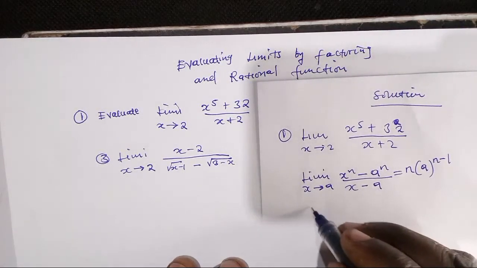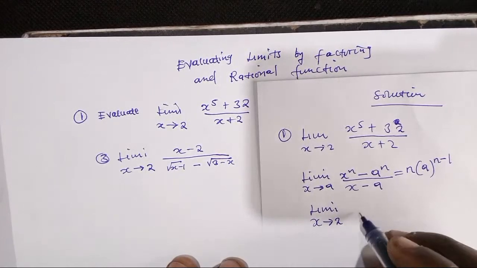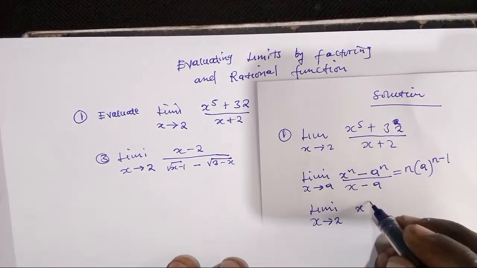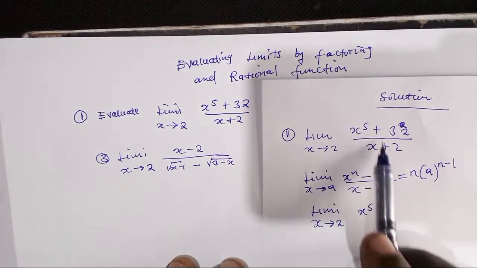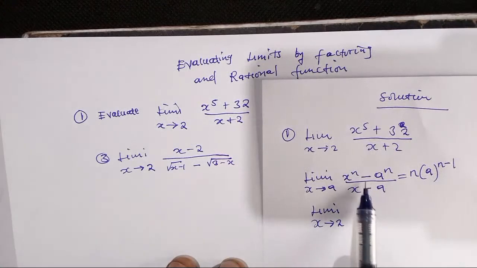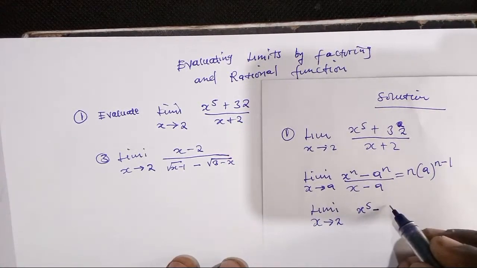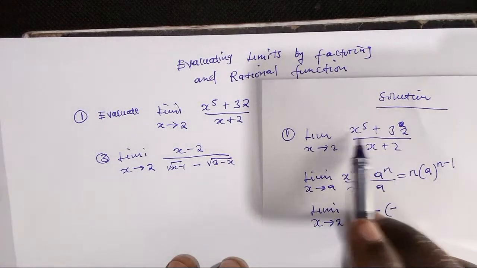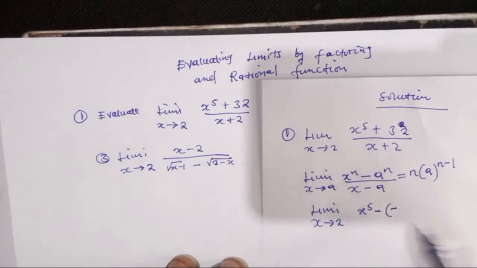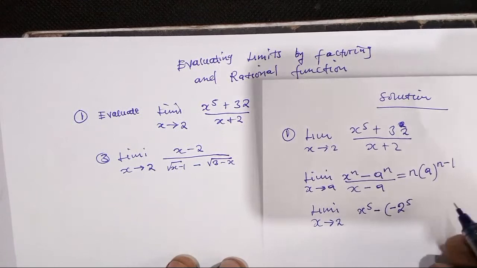We have the limit as x approaches 2 of x^5. Then we have to make sure that the positive in this equation becomes negative. So we can say x^5 minus (minus 2)^5, making sure that these powers are the same. 2 to the power 5 is 32.